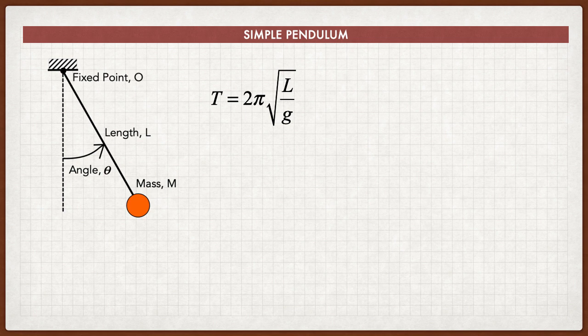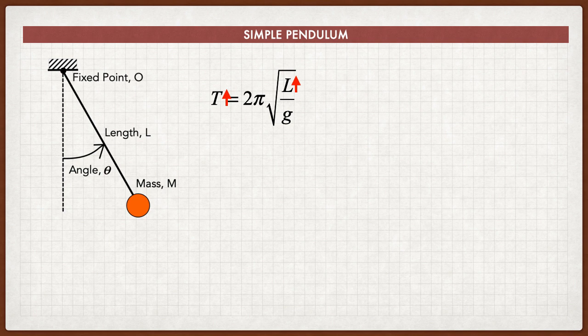Next, let's see if this formula makes sense. What happens to the time it takes to swing through a complete cycle if the pendulum gets longer? Doesn't the time increase? Bigger L, bigger T. That's what the equation says.